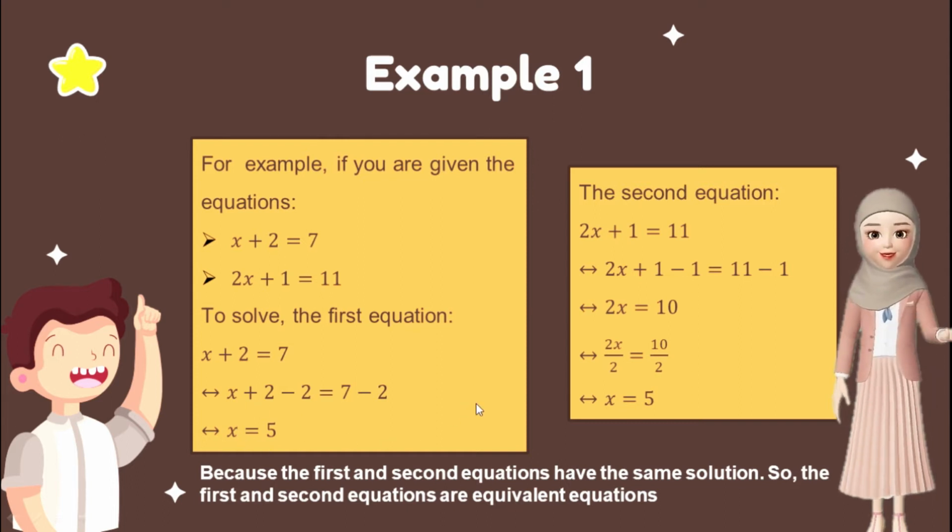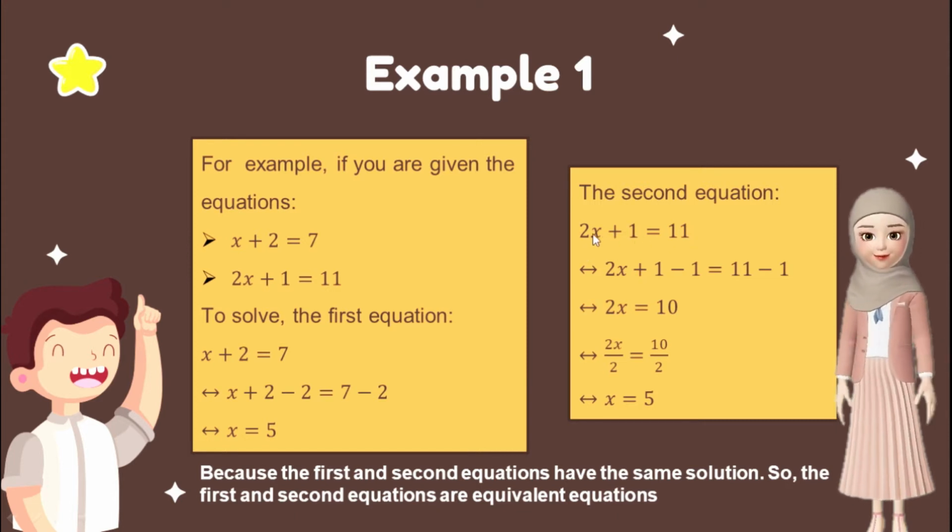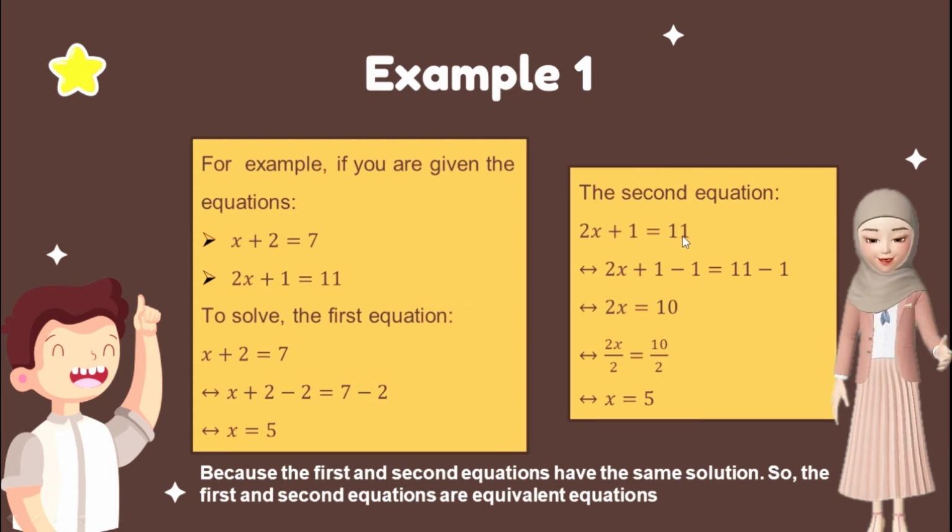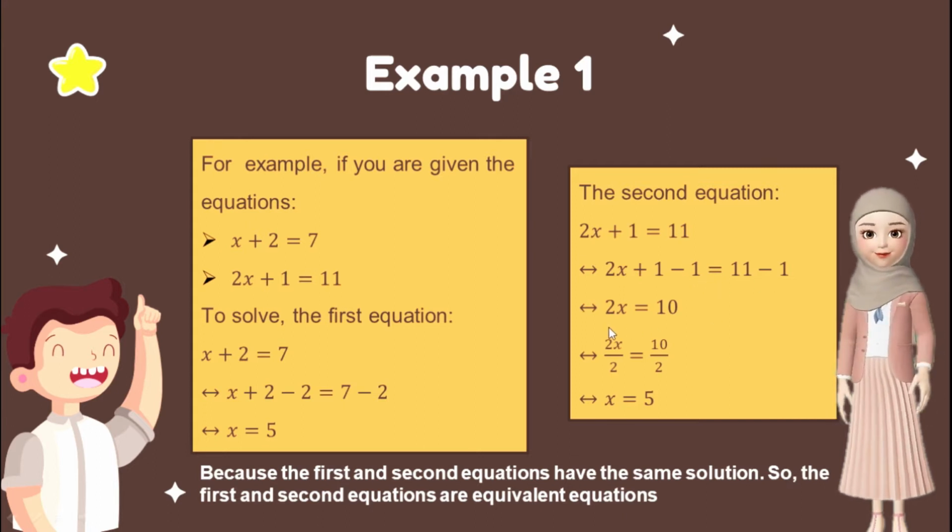The second equation, we write again: 2x plus 1 equals 11. Add minus 1 to both sides, we get 2x equals 10.